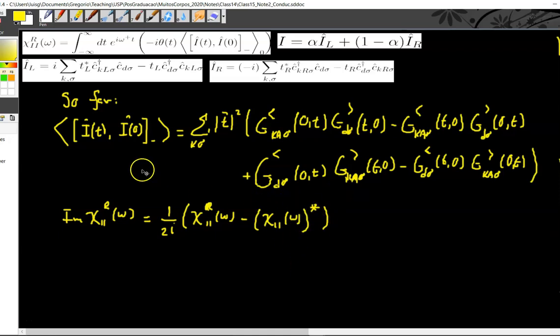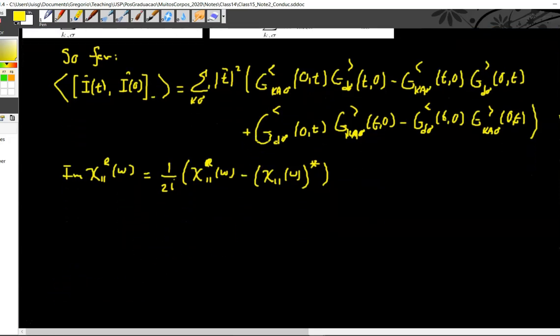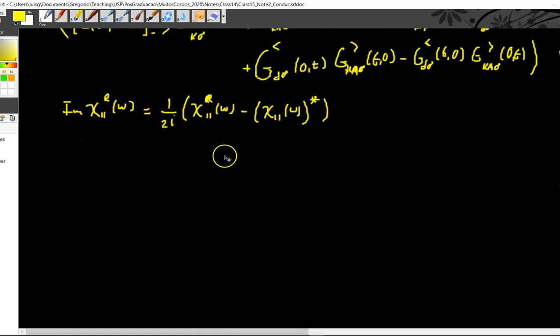Okay, so I'd like to have an expression to calculate the conjugate of these Green's functions, right? I know how to calculate the conjugate of this, the minus i, but what happens to the conjugate of these Green's functions?